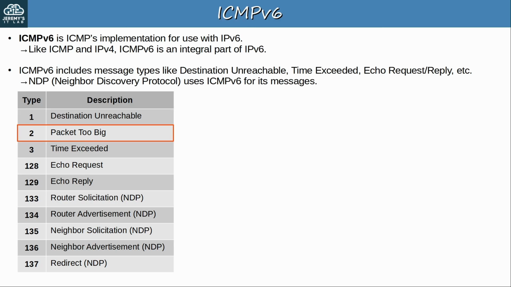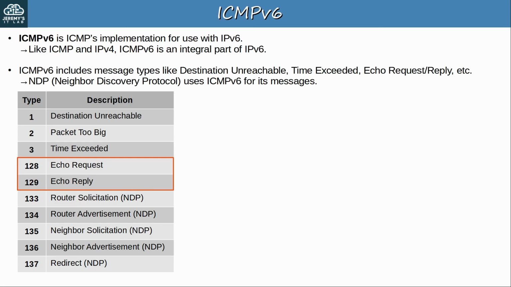Type 2, Packet Too Big, is like the needed fragmentation but DF bit was set unreachable message in IPv4. However, IPv6 usually cannot perform fragmentation, so this message is simply used to say the packet was too big. Type 3, Time Exceeded, is the same as IPv4, although in IPv6, TTL is called hop count instead.